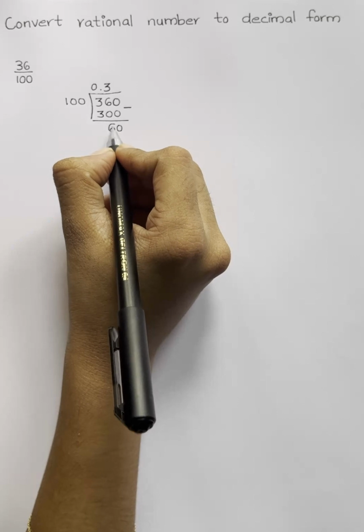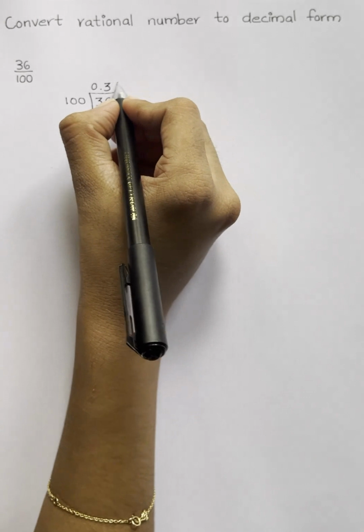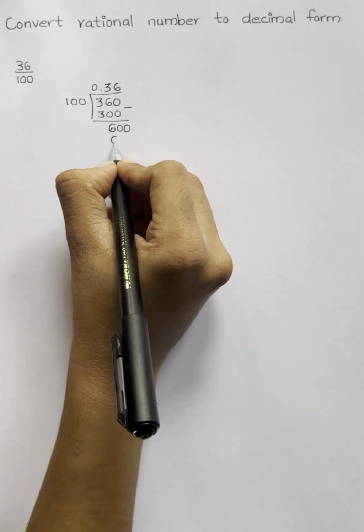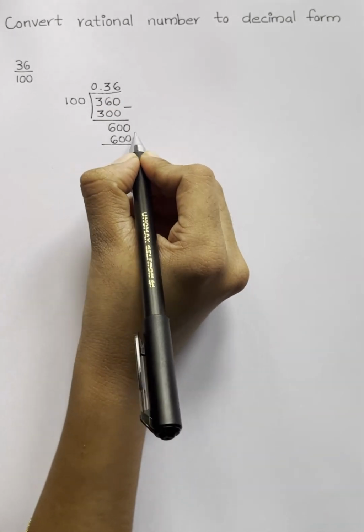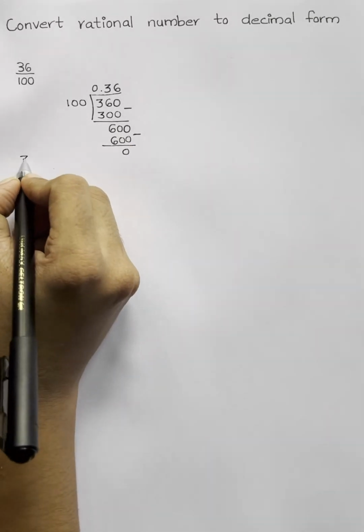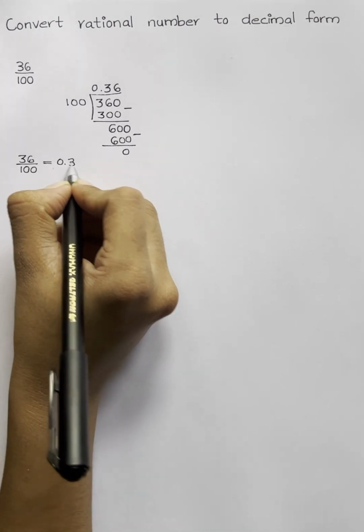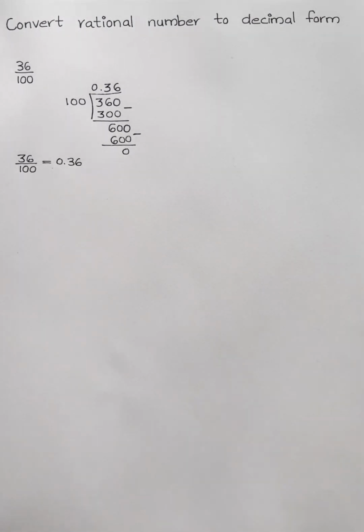We can't divide 60 by 100. So we add 0. 600 divided by 100 is 6. 6 into 100 is 600. 600 minus 600 is 0. Therefore, 36 by 100 equals 0.36. Therefore, the decimal expansion of rational number 36 by 100 is 0.36.